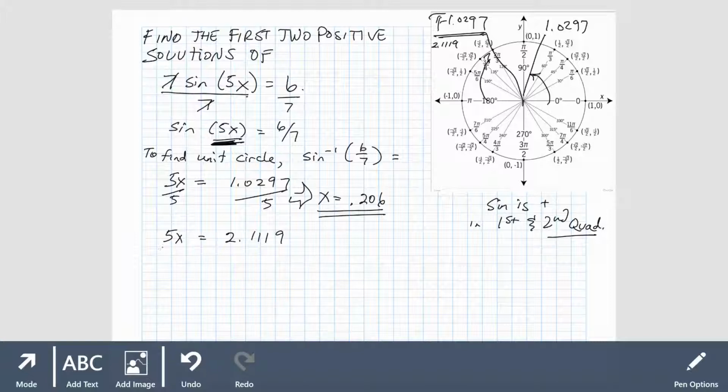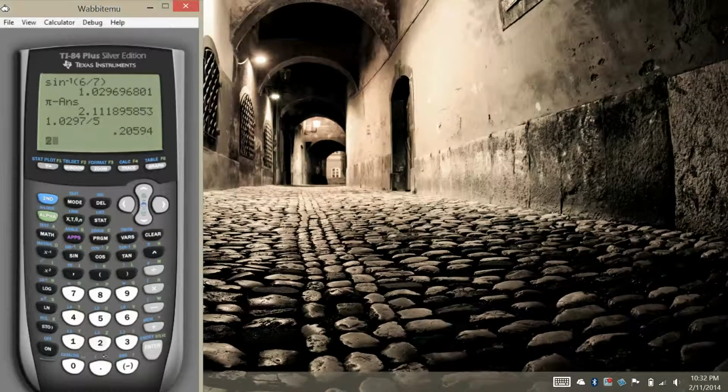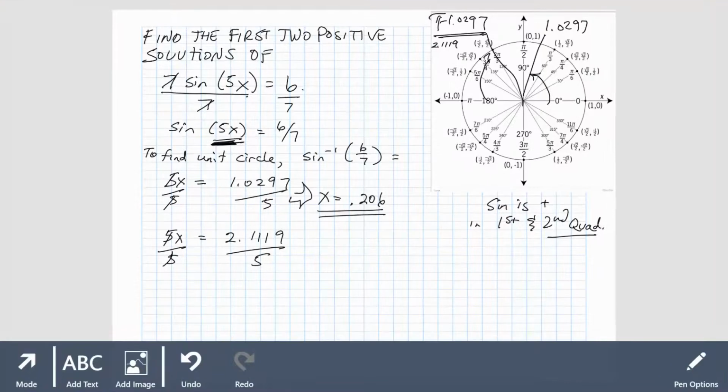My next equation said that 5x is equal to 2.1119. In order to get x by itself, I'm going to divide both sides by 5. So 2.1119 divided by 5 gives me 0.422. So x equals 0.422.